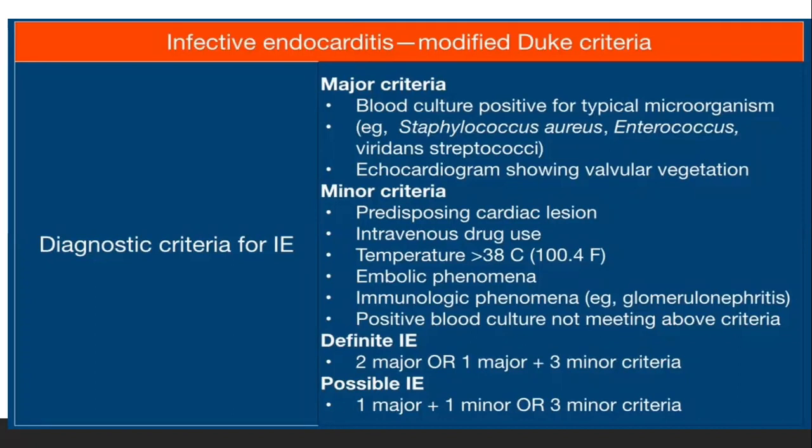So we get an organism which is grown in culture, but it is not typical, like Streptococcus gallolyticus is not grown, Viridans streptococci is not grown, but we are getting some other organism. It comes under minor criteria. We send 3 cultures, but only 1 culture is coming positive. It comes under minor criteria. We say definite infective endocarditis when 2 major criteria are satisfied, or 1 major plus 3 minor. Possible infective endocarditis when 1 major plus 1 minor, or 3 minor criteria alone.